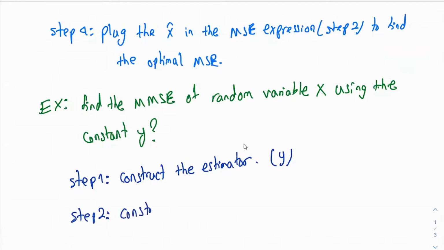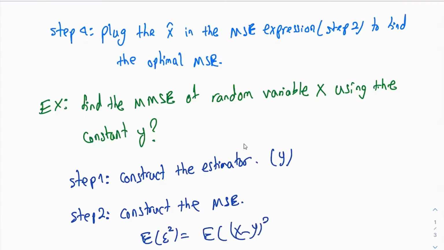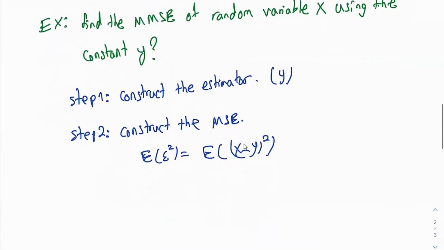Construct the MSE. So when I write it here, it is equal to this. Use a capital letter for the random variable and a small letter for the realization, or the value that this random variable can take. It's just a convention, right?